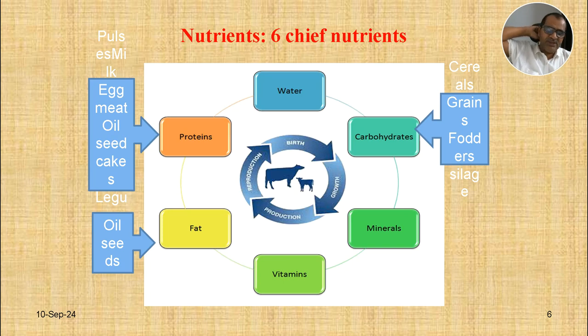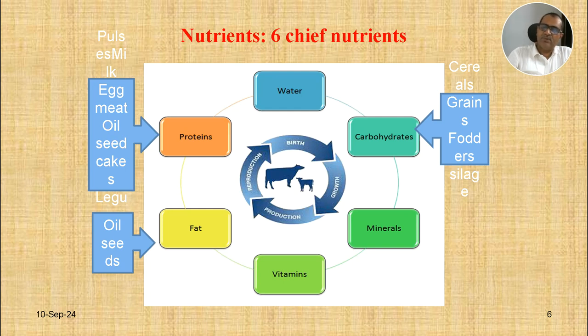So the proteins are required for the animals for the production of egg, meat, etc. For monogastric animals, the proteins come from the egg of a bird or meat of an animal, or oil seed cakes or legumes.